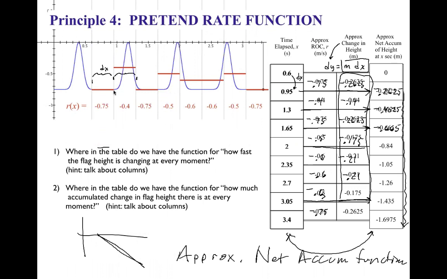So for instance, do you see how the rate starts at negative 0.75 and goes up to 0 and then back to 0.75 in this interval? Mm-hmm. So we've got a whole mess of rates, right? From negative 0.75 all the way to 0, back to 0.75. But what we want to do is we just want one constant rate that's trying to be like that.